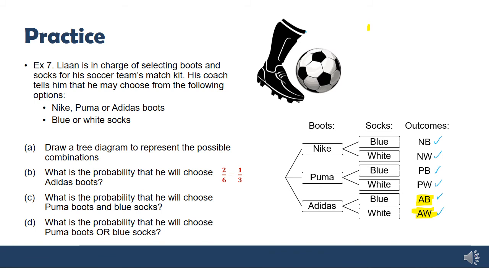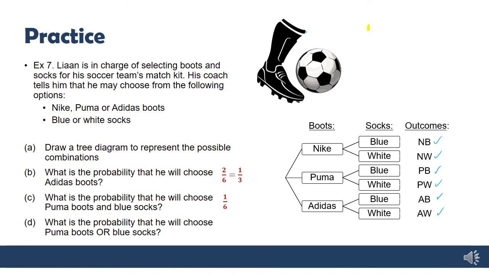Next question. What is the probability that he will choose Puma and blue socks? So Puma and blue socks is only this one option. So my probability has to be 1 out of 6. And then in the last one, let's try and clear a few of these things. Okay. In the last one, it says, what's the probability that he will choose Puma boots or blue socks?